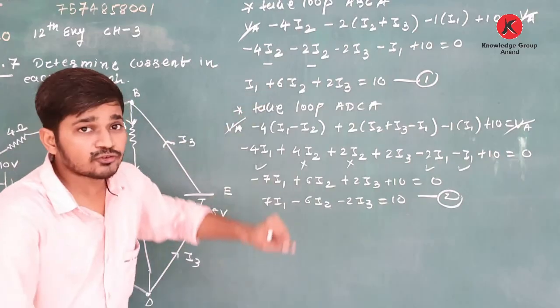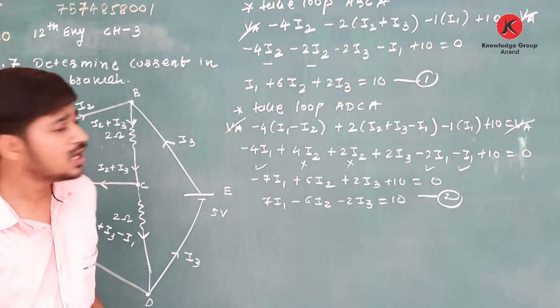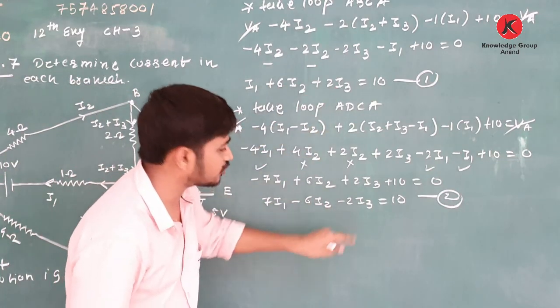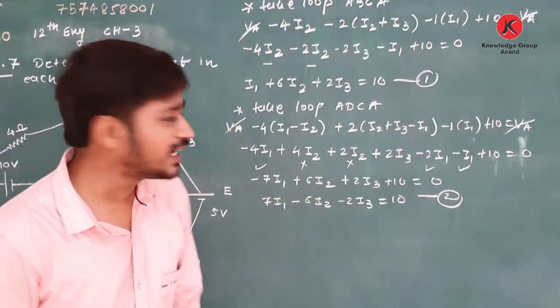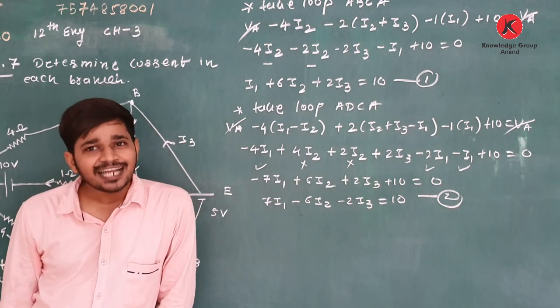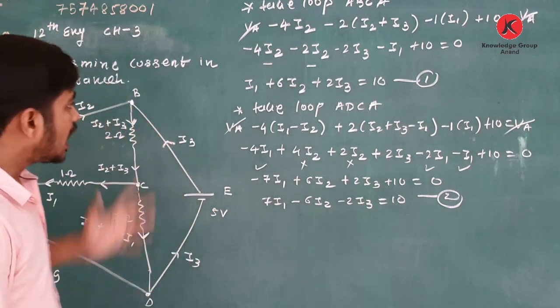From these two equations, first of all, we will get the value of I1, because if you add these two equations, 6 I2 minus 6 I2, 2 I3 minus 2 I3 will cancel out, and yes, you will get the value of I1. But when you try to find I2 and I3, each and every term will be cancelled. So how to find this?